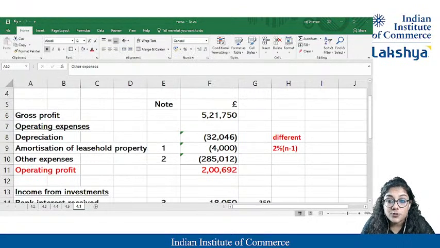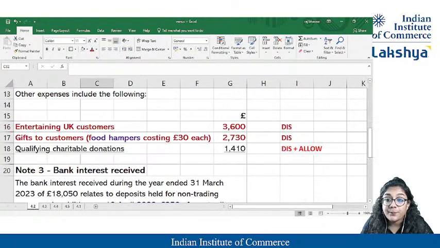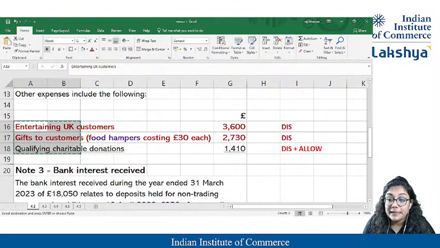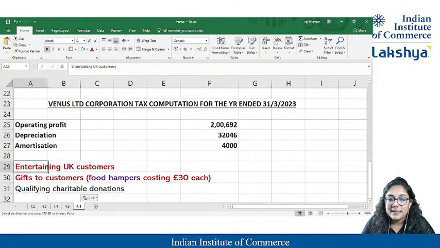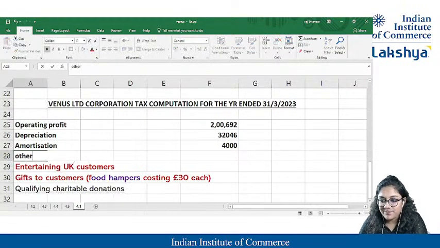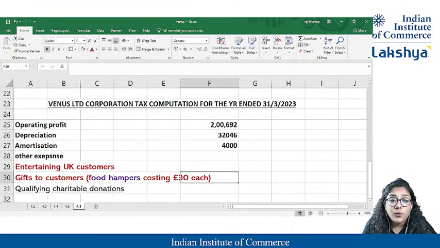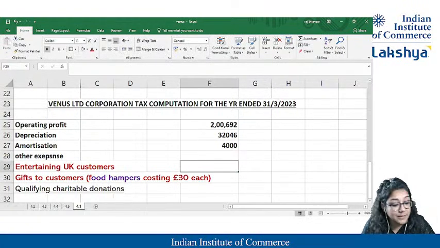Ma'am, other expenses. What were the things given in the question? Students, if you remember, other expenses: entertaining, gifts and qualifying. Anything with red, we were adding it. Amortized expenditure, ma'am, 3,600.